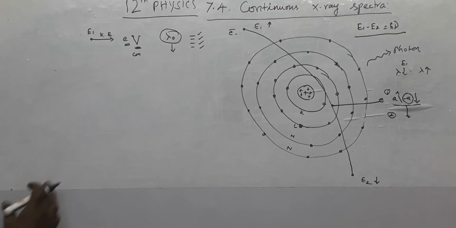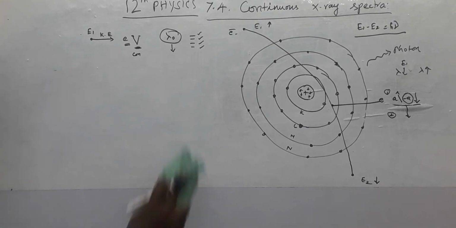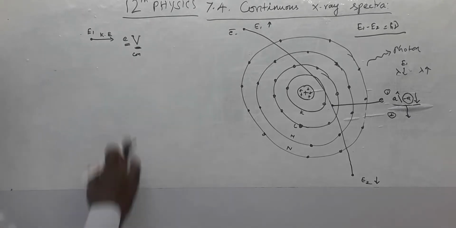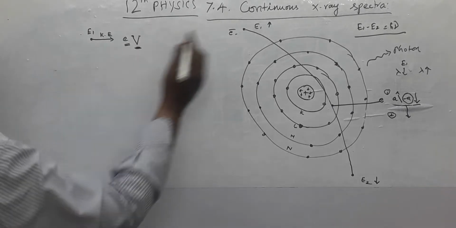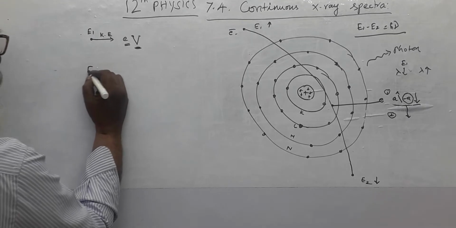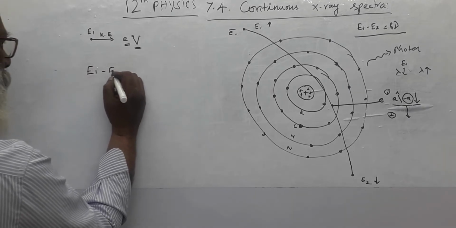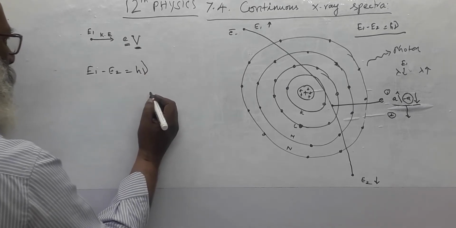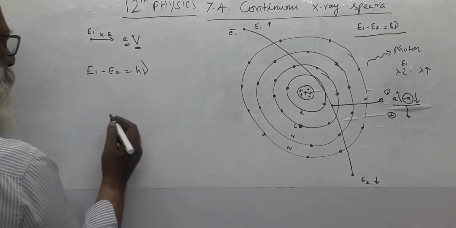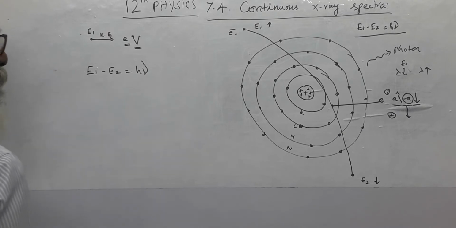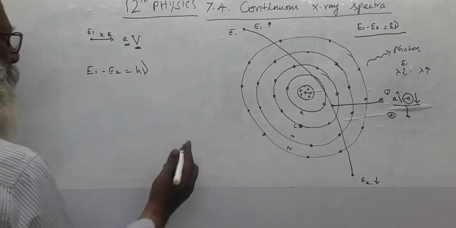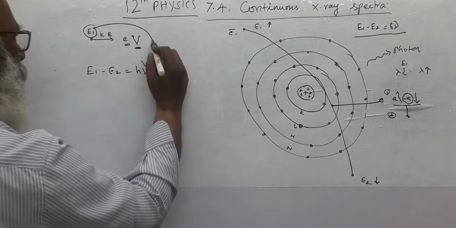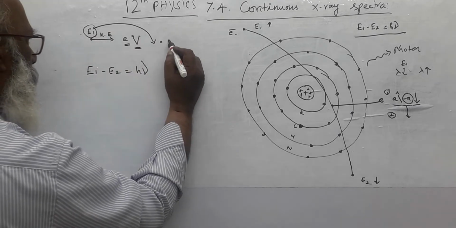Now, as per this, the kinetic energy of the electron is equivalent to eV, and we already know E1 minus E2 is equal to h nu. Suppose the total energy of the electron is completely transferred to the photon energy.